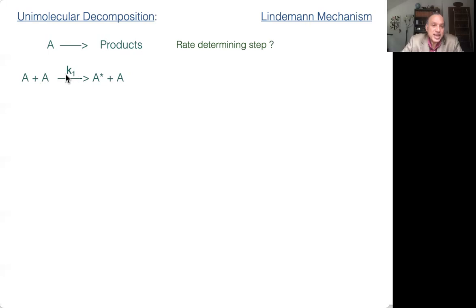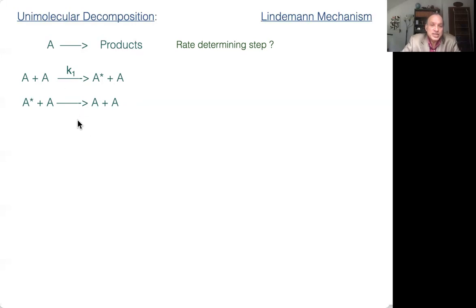So let's say k1 is the rate constant for that, to produce A star from A. And then A star can react with another A, and this A can rob that. And so both become poor, and they evenly divide up the cash, and neither has excess energy anymore to undergo the chemistry. So this is internal deactivation happening.